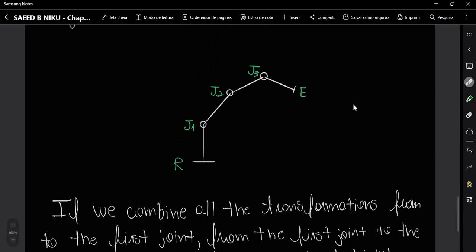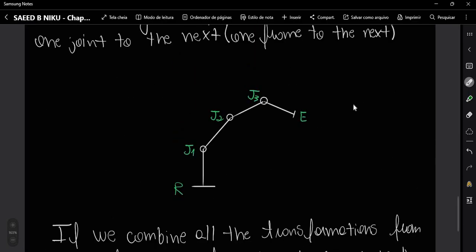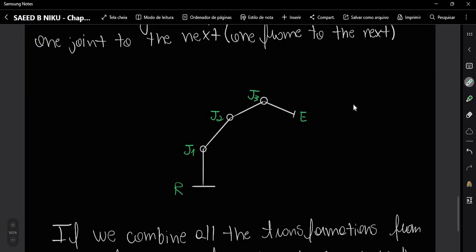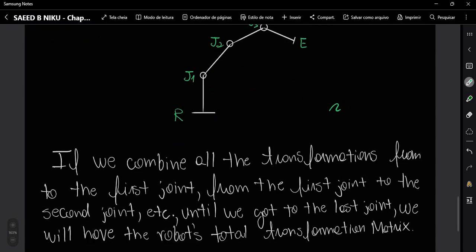And at this point, we got at least a sense on how to do this. This is something that we already have discussed in the past.